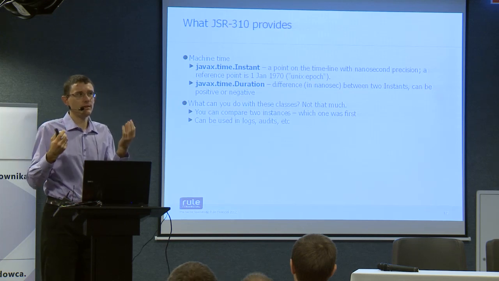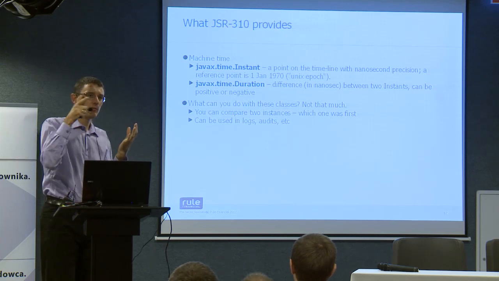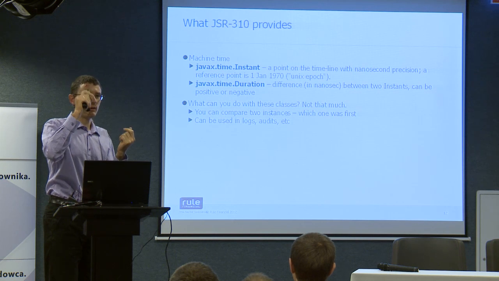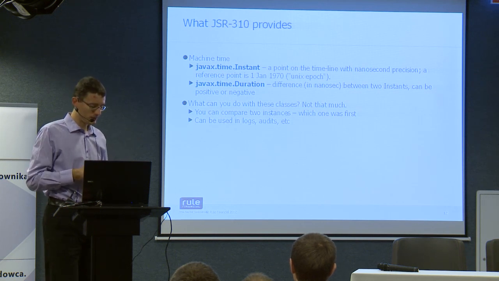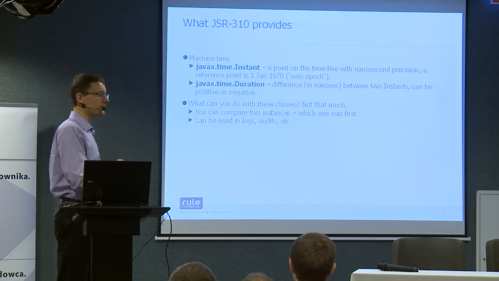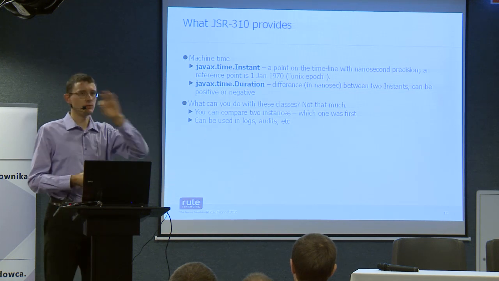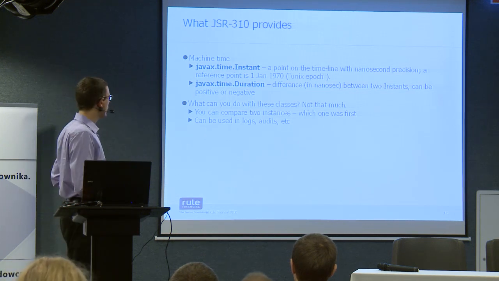For every time you can imagine, you can show exactly one point on this scale. So this is basically the Instant. Instant is a point on the world timeline, right?